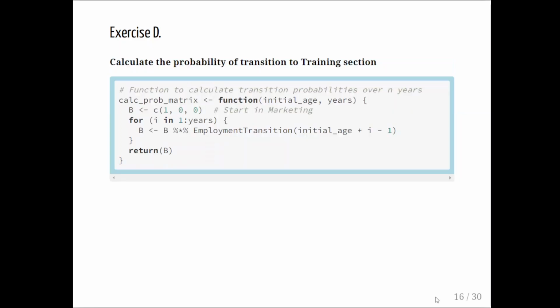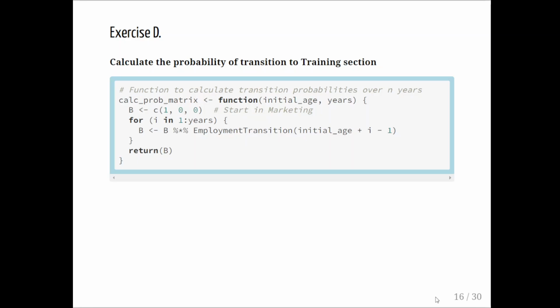So, calculate the probability of transition to training section. What we're going to do here is create a function that allows us to use these transition matrices and rotate through them, essentially multiplying them sequentially for the appropriate number of times.